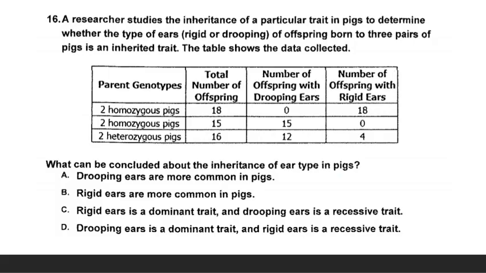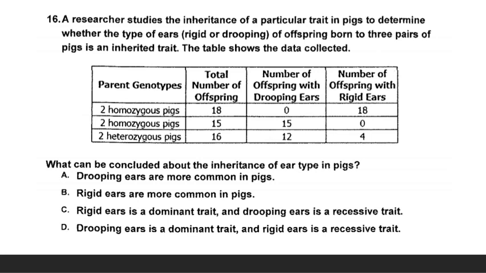Number 16, a researcher studies the inheritance of a particular trait in pigs to determine whether the type of ears, rigid or drooping, of offspring born to 3 pairs of pigs is an inherited trait. The table below shows the data collected. So we see that in 2 homozygous pigs, there were 18 offspring, and 18 of them had rigid ears.